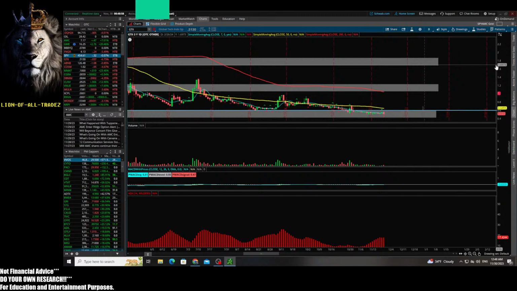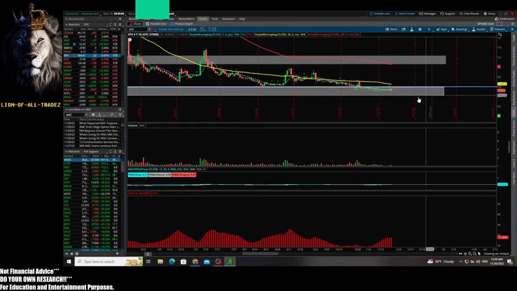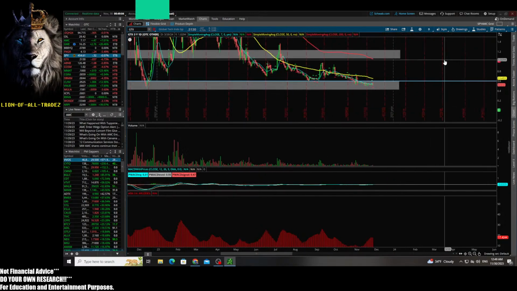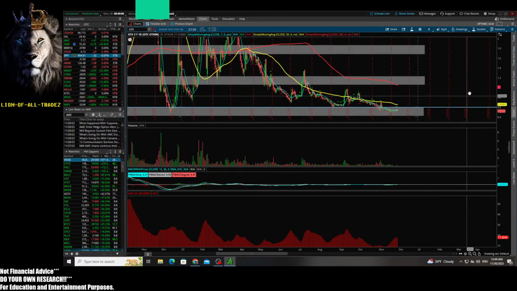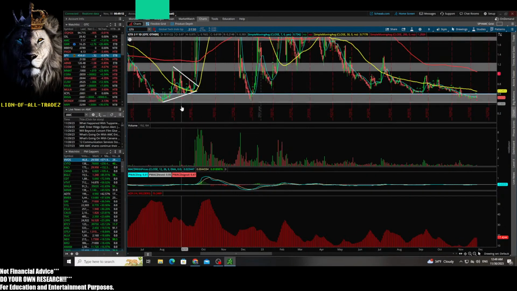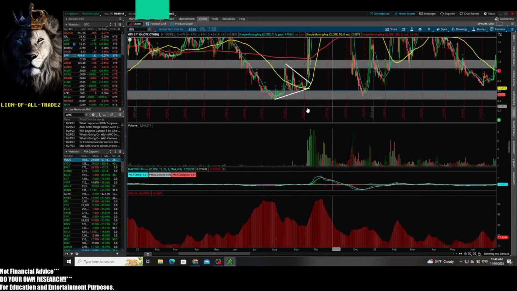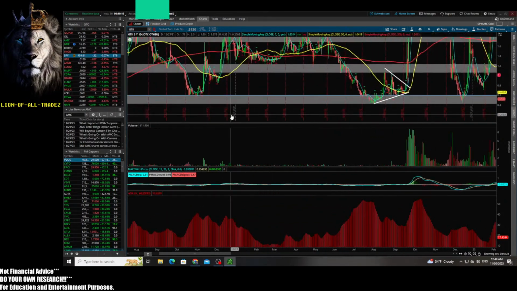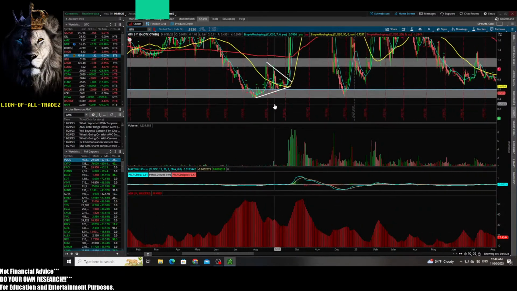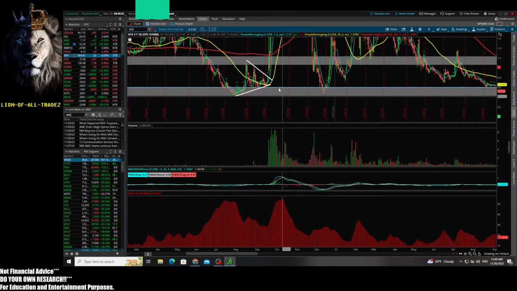Hold on. This can get a little messy. Damn, so GTII, it's been hovering around this zone for quite a bit, and it's hit this zone so many times during the past. Those are just my zones, by the way, that I made up, but this is crazy.